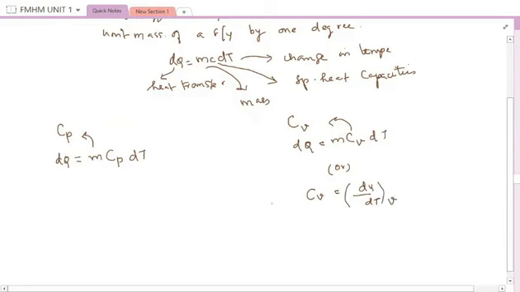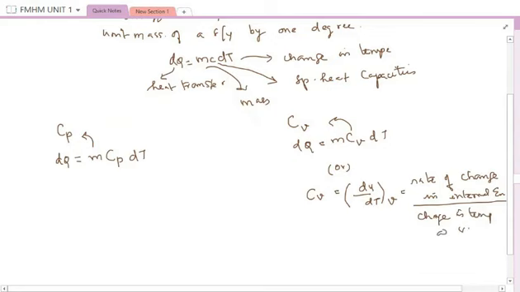So this is another formula, which is nothing but the ratio of rate of change in internal energy. I already know that du is nothing but it refers to the internal energy, and dT is nothing but change in temperature at constant volume.